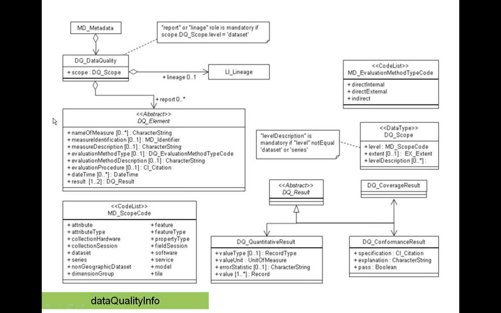Or you can do specific reports on quantitative results versus qualitative results. There's various different reports that you can do, but they all contain the same information: the name of the measure and their descriptions and their methods, and then when you processed it, and also by who.